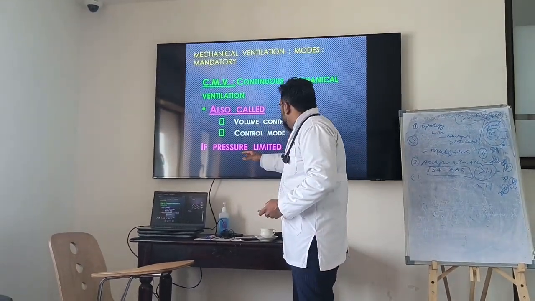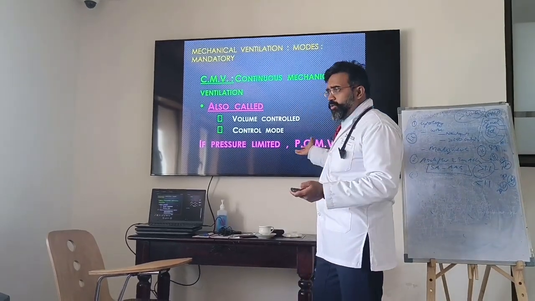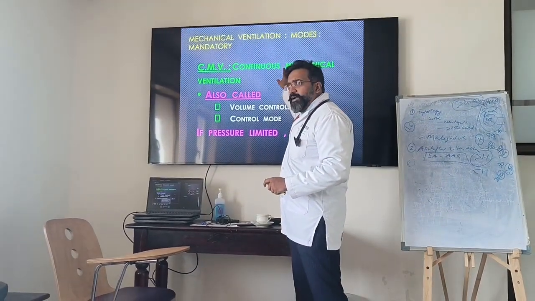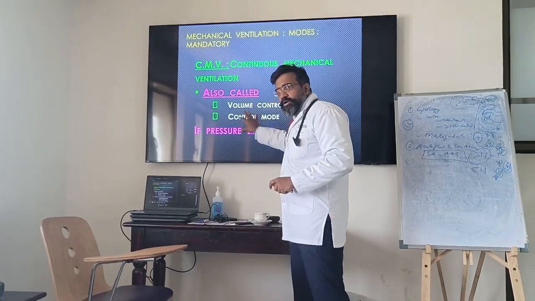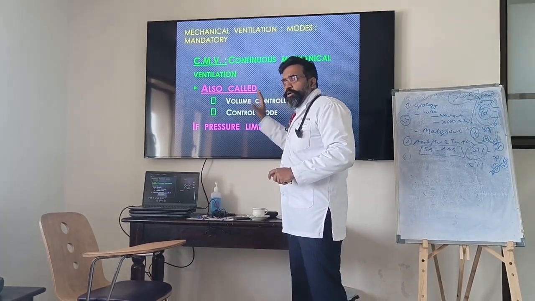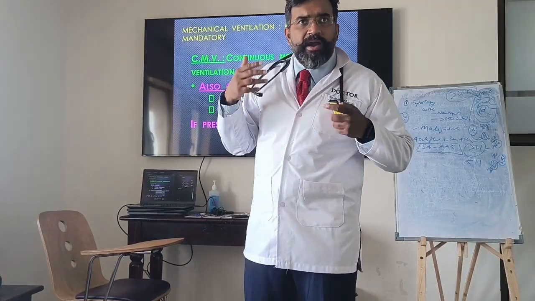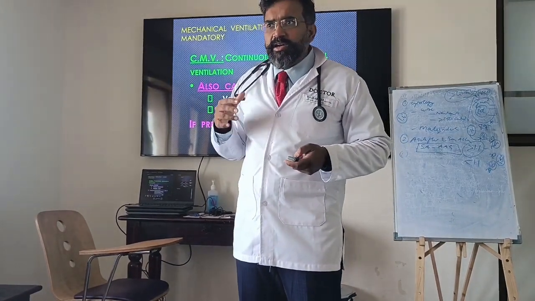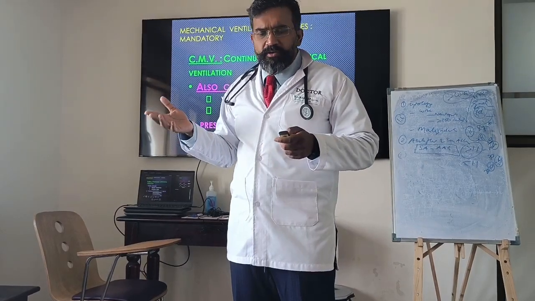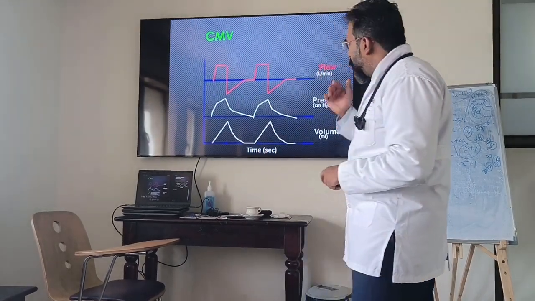If pressure limited, it can be called pressure control. So, continuous mechanical mandatory ventilation can be either pressure controlled or it can be volume controlled. Clear? Right? Now, let us look at this breath type.